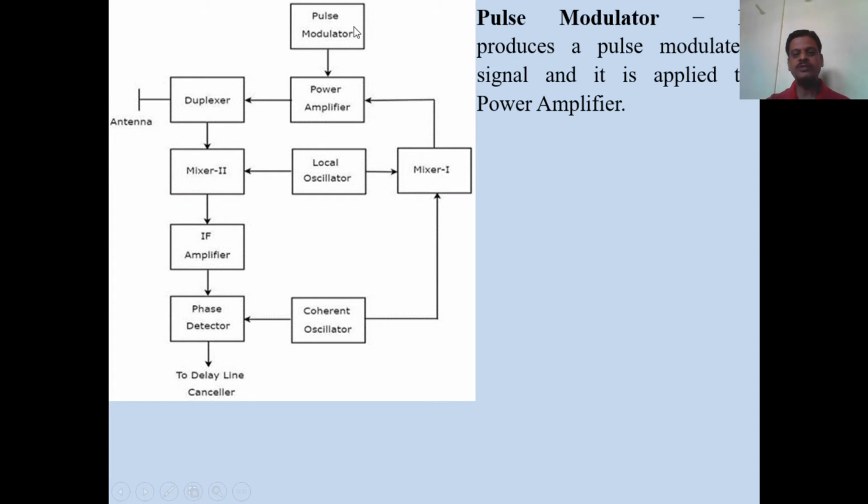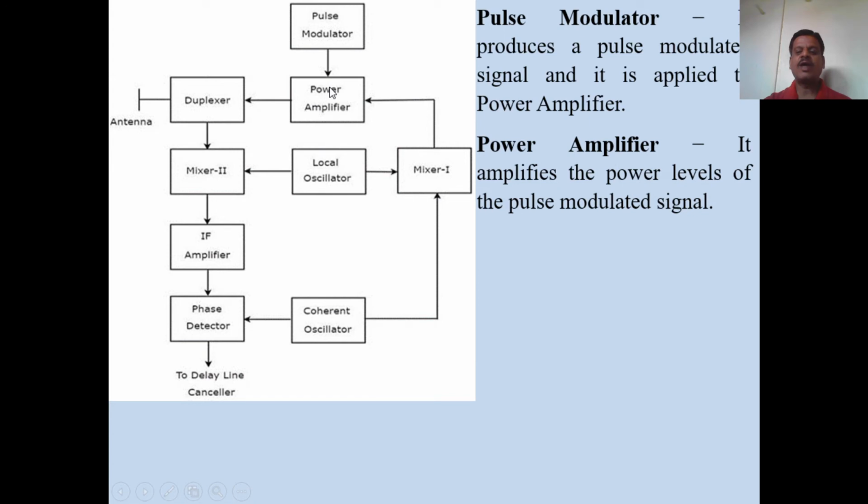The modulated signal is produced by this pulse modulator, which is also known as the power supply for the power amplifier. Therefore, the high energy pulses produced by this pulse modulator are applied to the power amplifier, and this power amplifier amplifies the power level of the pulse modulated signals.